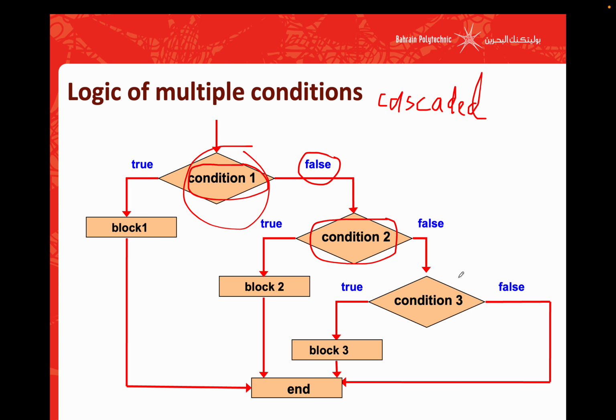And you can notice that in the next condition as well. The third condition falls under the false branch of the second condition. That is what cascaded if is. Very important, because there's another kind of multiple conditions, which is nested if, and it's very similar but has a very small difference.